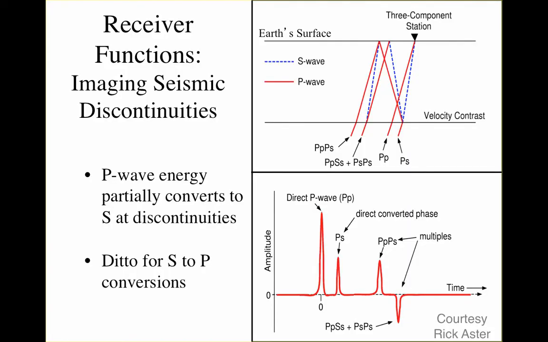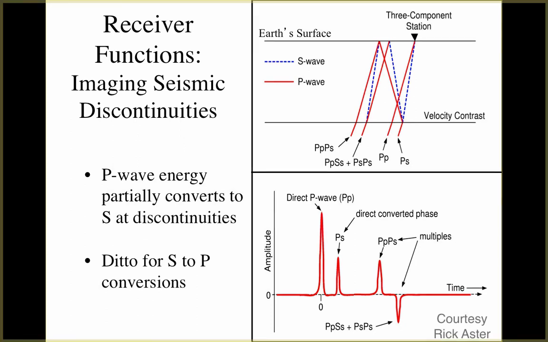There are many other methods used with modern broadband seismology for interpreting structure. One that yields some of the most dramatic images of the Earth is called the receiver function method. When a seismic wave from an earthquake comes up from deep in the mantle up to a recorder, it produces a direct pulse. But the same wave may also convert from a P wave to a shear wave at any boundary, like the moho, and this gives rise to a second pulse.